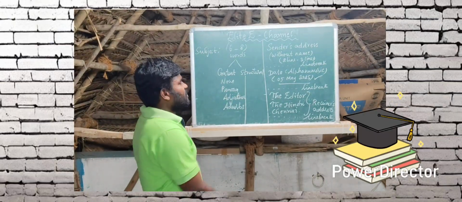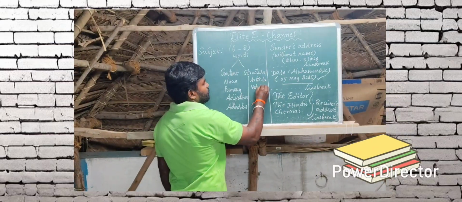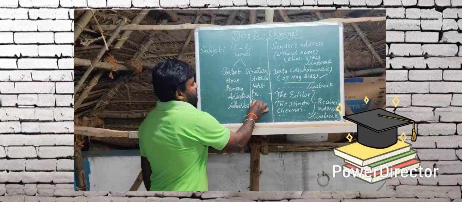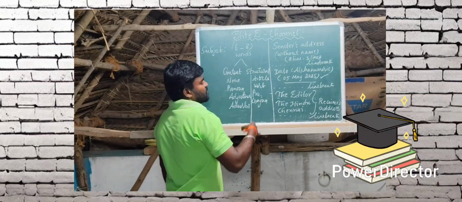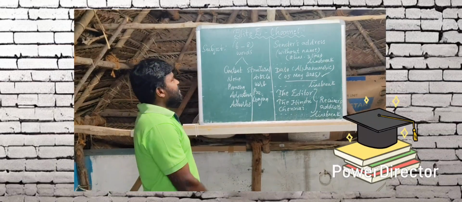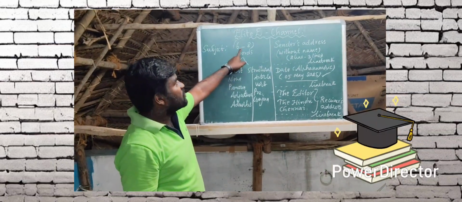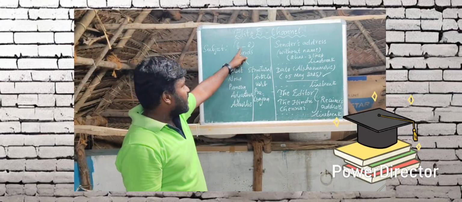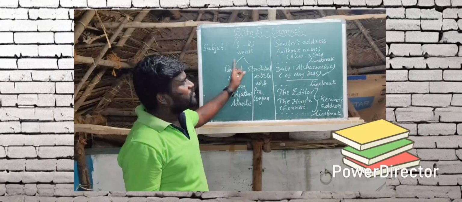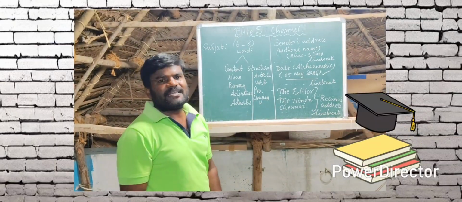What about the structural words? Articles, verbs, prepositions and conjunctions are placed at the place of structural words. As I told already, the subject must be a 6 to 8 word combination. From the 6 to 8 words, we have to classify the 2 sets of words, and based on this we are supposed to construct the subject.